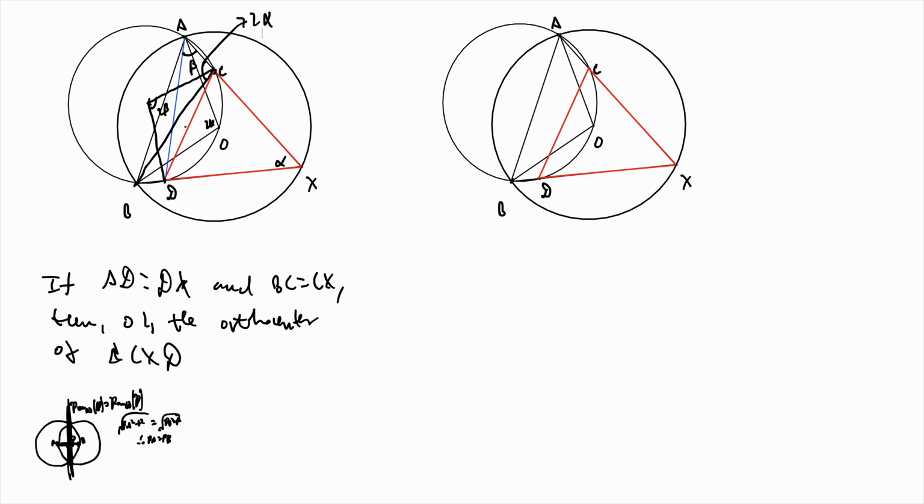Therefore, this is alpha, 2 alpha, this is 2 alpha, this is true, and therefore, where's the center? This one. This angle right here is 2 times 180 minus 2 alpha.